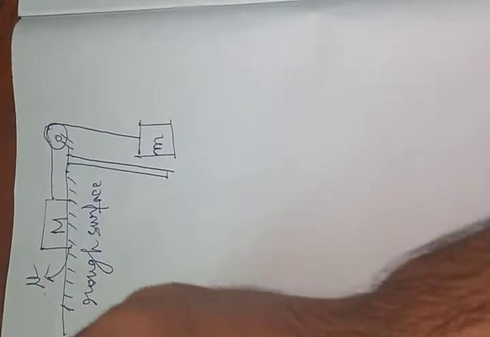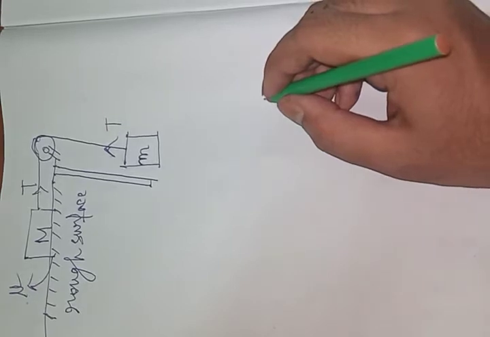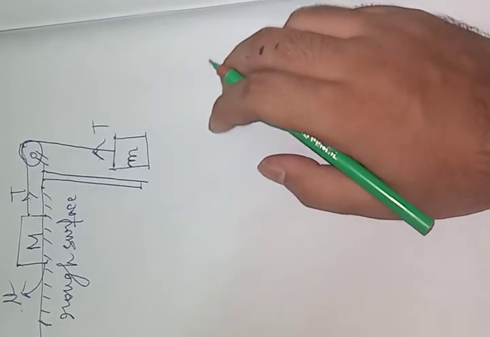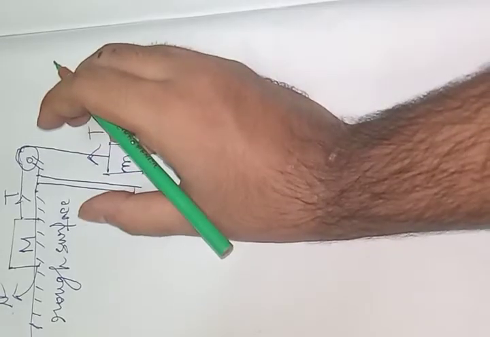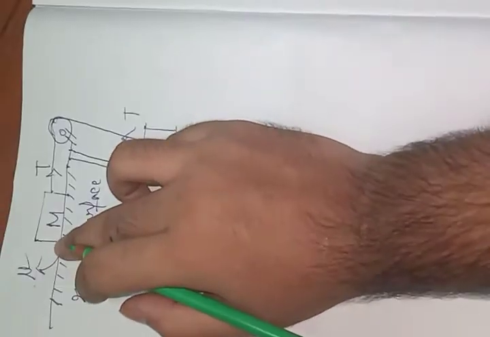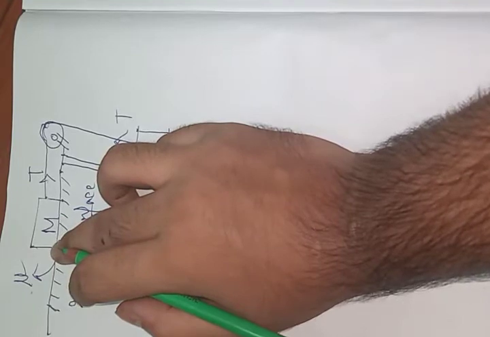Now we know that the tension is T here and the tension is T here, but we don't know whether this system is going downwards, or whether there is any motion between these two blocks, because friction is present.